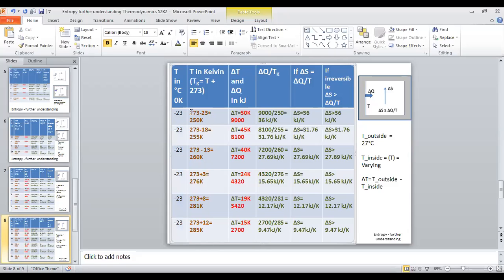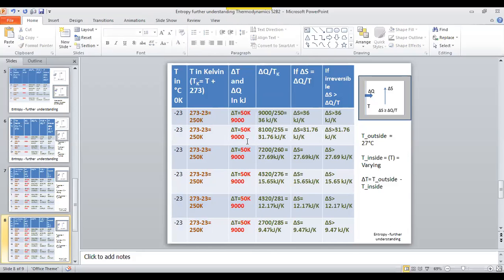The calculation is quite fast. Now your delta T is also the same, because outside is 27.